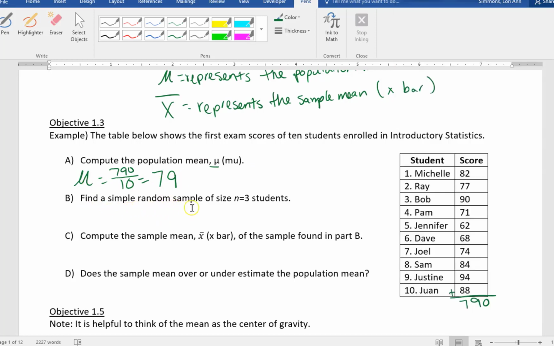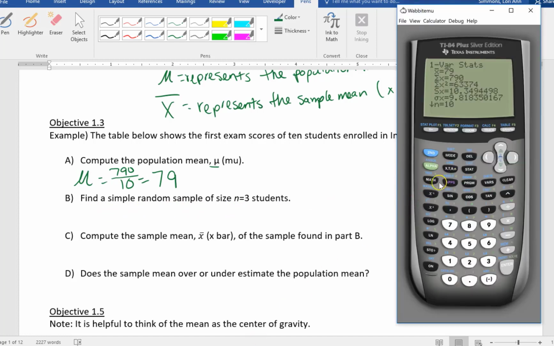Now, find a simple random sample of n equals 3 students. I will just do the simple random sample. If you did this, you would end up with a different number. It's going to be between 1 and 10, because our population is 10. So 10, 2, and 6.